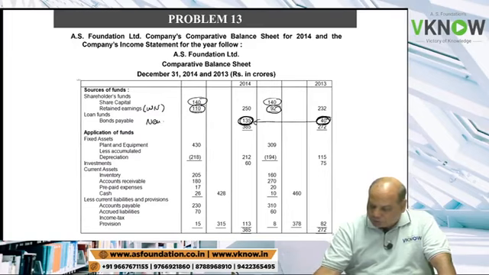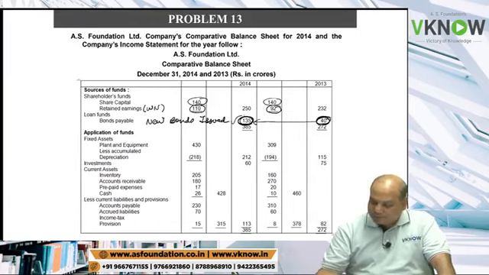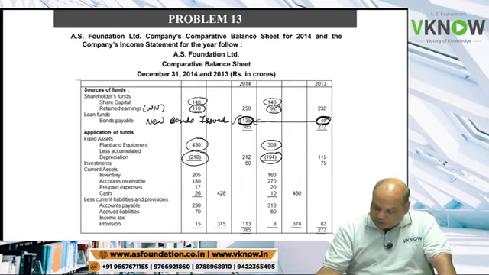So new bonds issued, because closing is more than the opening. Fixed asset, opening, closing, accumulated depreciation. So this also you tick mark. There seems to be some adjustment in this.